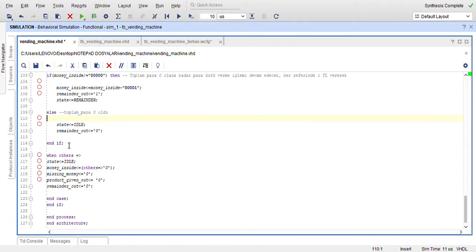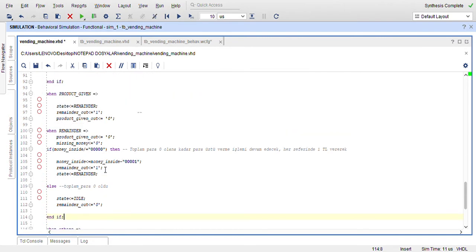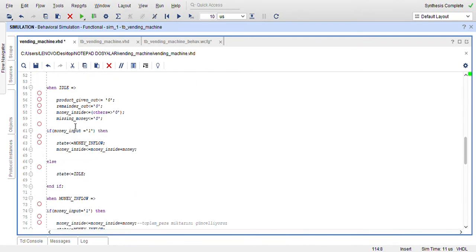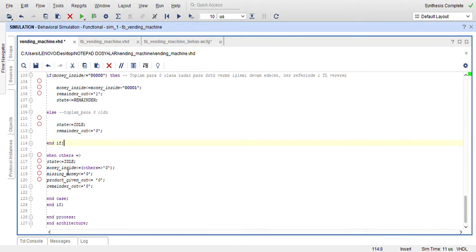And the when others is very important. When we write when others, we just need to copy reset's values and paste them into when others.